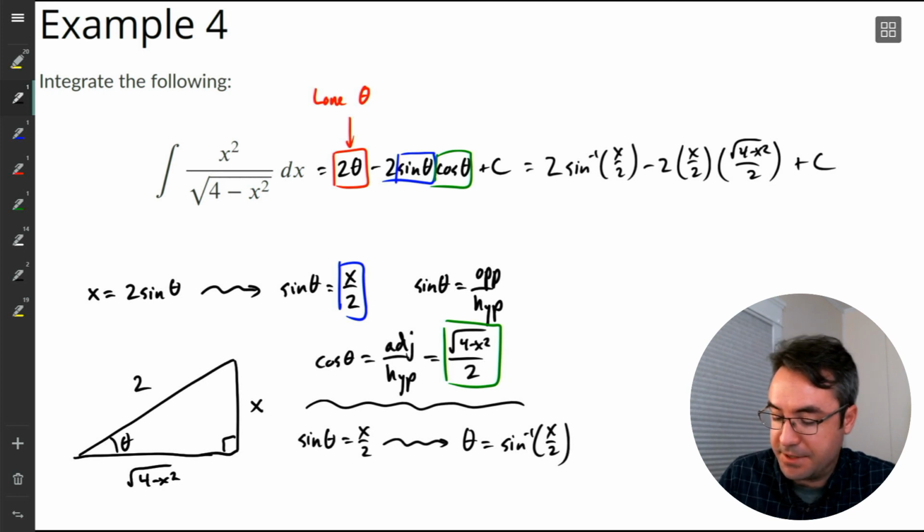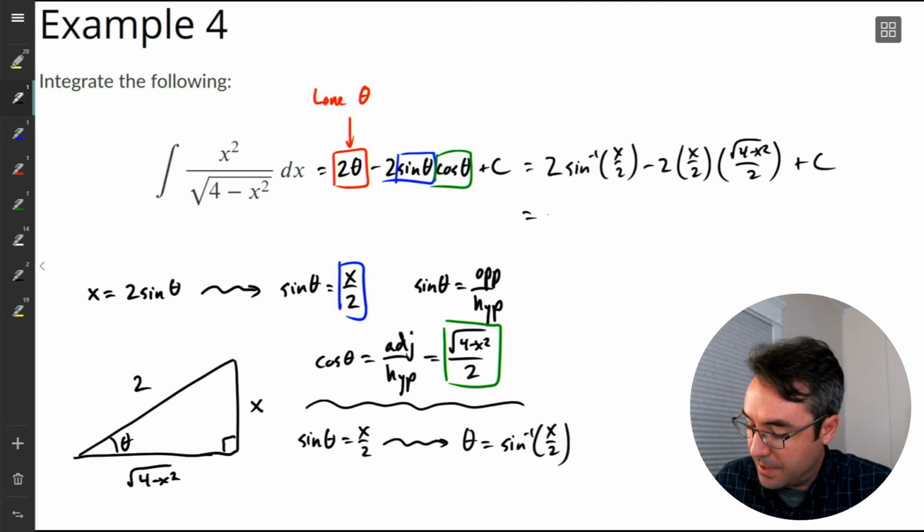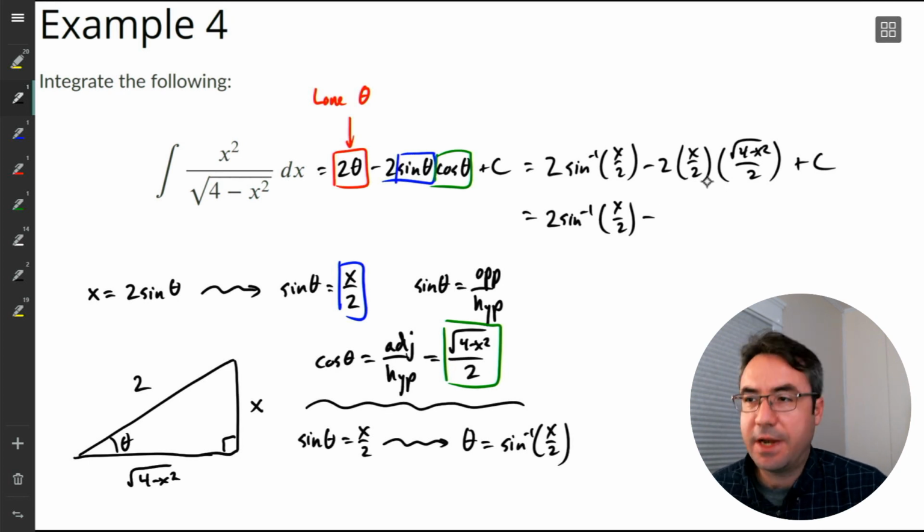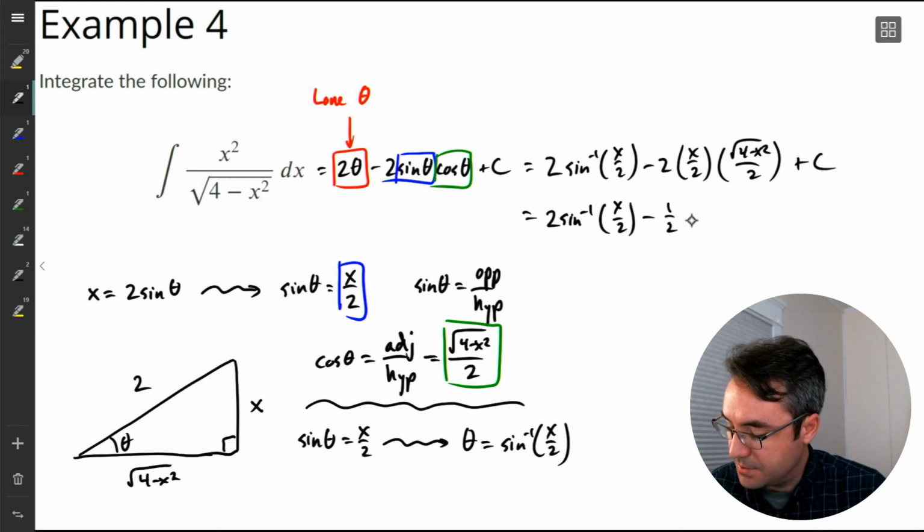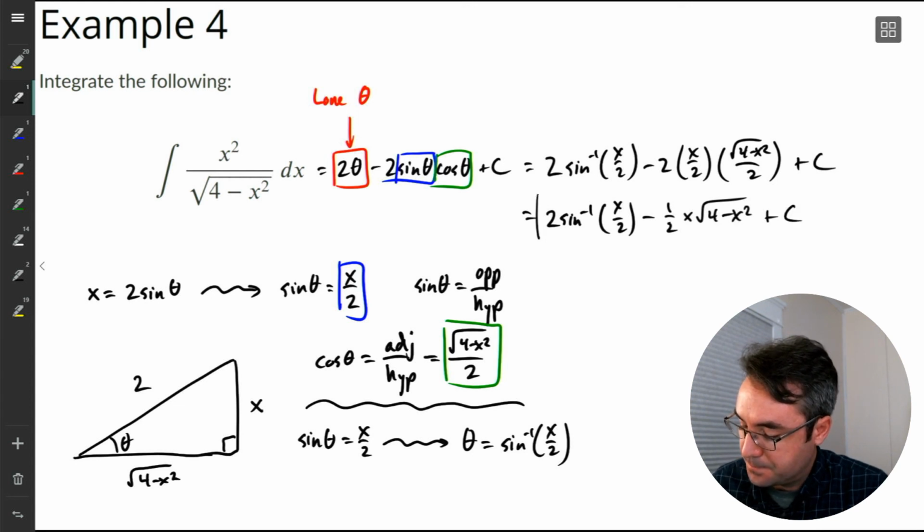Some of the 2's cancel, and we're left with 2 times inverse sine of x over 2, minus, actually we're going to end up with one more copy of 1/2, so let's put the 1/2 in front, 1/2 x times square root 4 minus x squared. And there we go.